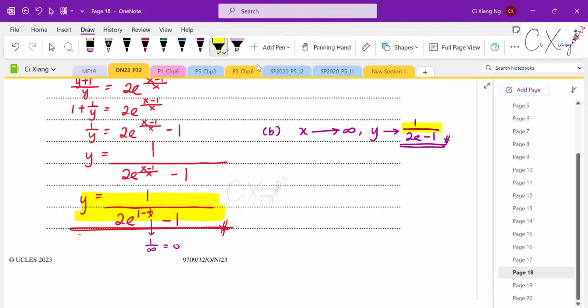So basically this is the value for y when x tends to infinity. Y will be closing to 1 over 2e power 1 minus 1. Because if you substitute infinity in the x, 1 over infinity, you get 0. So this is how we solve the last question here.